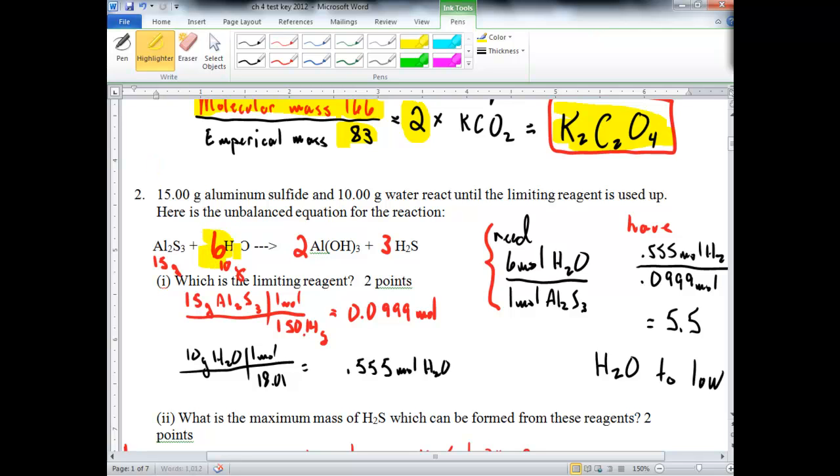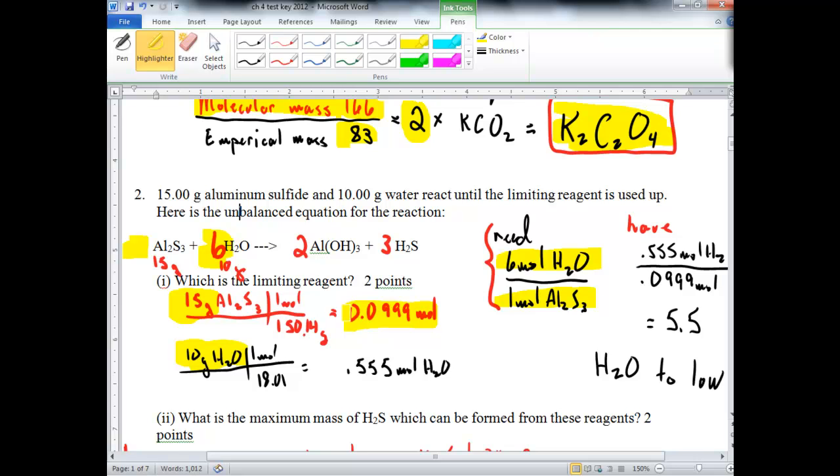We have a ratio of 6 waters to 1 aluminum sulfide. So notice here, I've kind of summarized that. We need a ratio of 6 to 1. And we've taken the given mass of each of those reactants and calculated the number of moles.